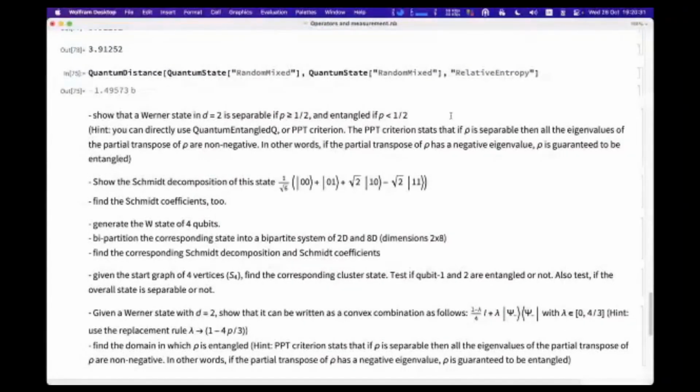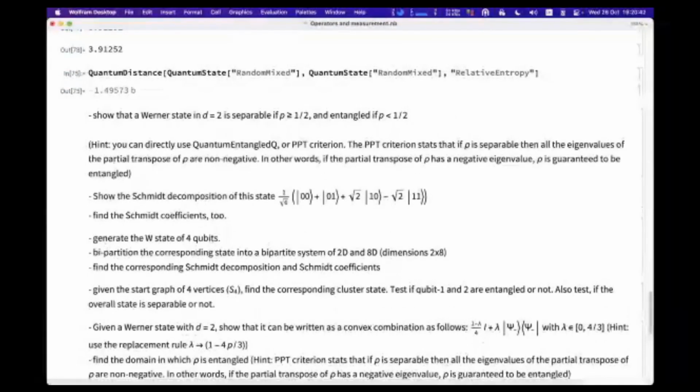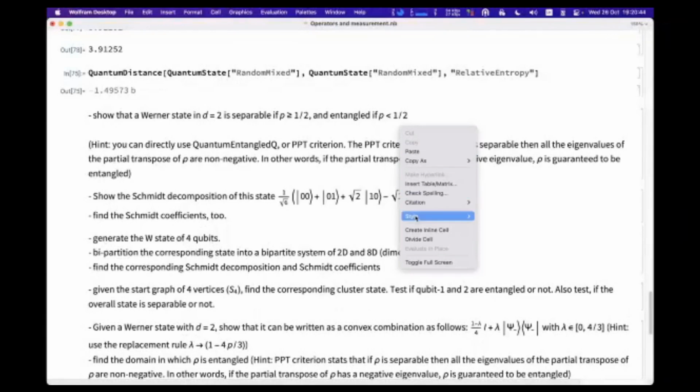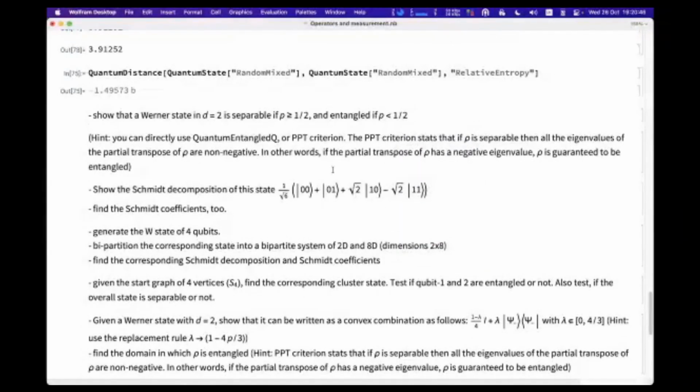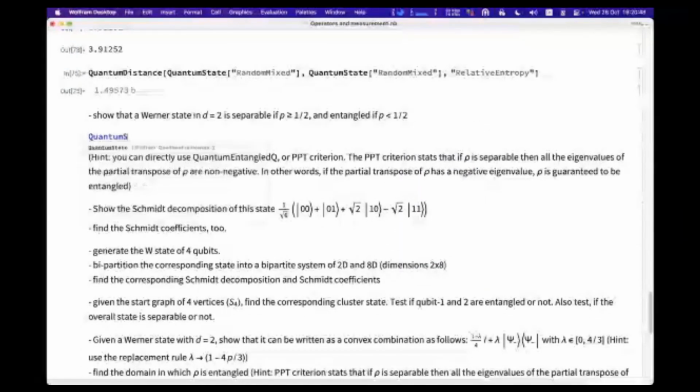So let's see, what is a Werner state? What we usually call a Werner state is a very particular quantum state. It can be written as a convex combination of one of the Bell states and a maximally mixed state. It is usually defined in a given dimension for a given probability function.